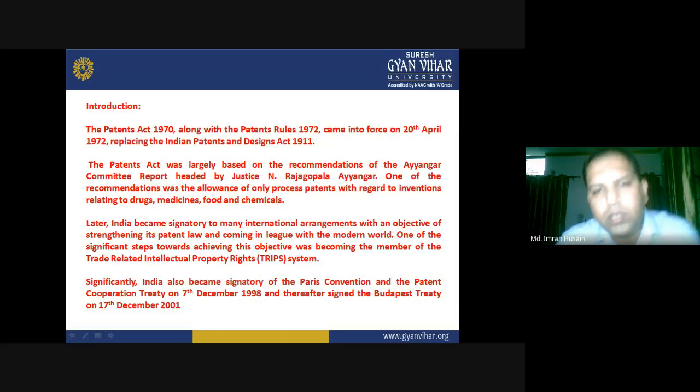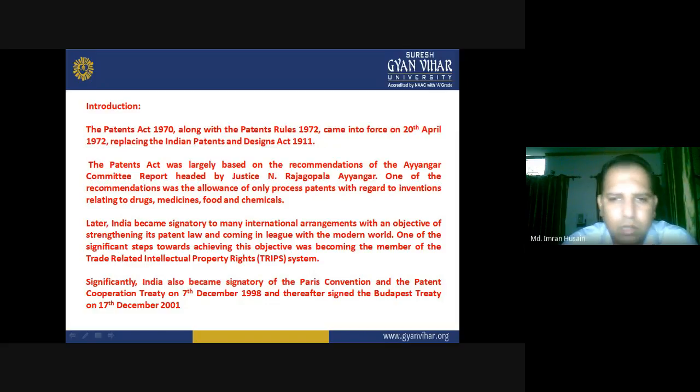So, following all these changes, India had to make significant changes in its own rules and regulations regarding the laws of patents and intellectual property rights. India made several amendments in the patent system that it was following in the early days. Most of the laws were very old and needed amendment.